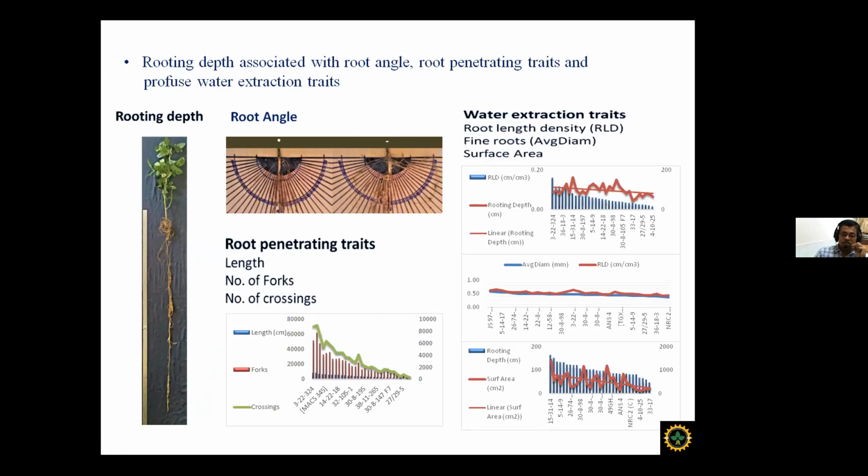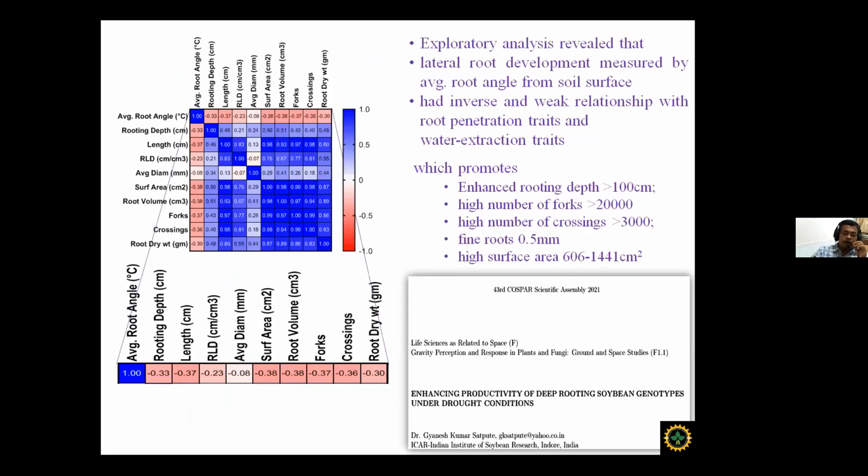And these traits are like root length density, fine roots, and surface area, which are again well associated with each other. That is, the finer the roots, the more the surface area, and similarly root length density is also more with higher root length, in the volume which is grown.